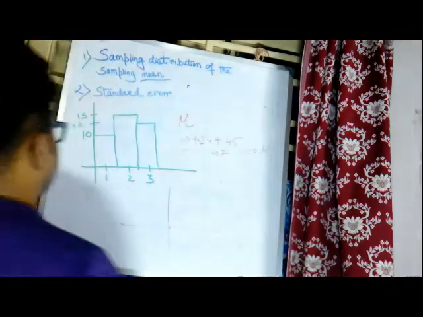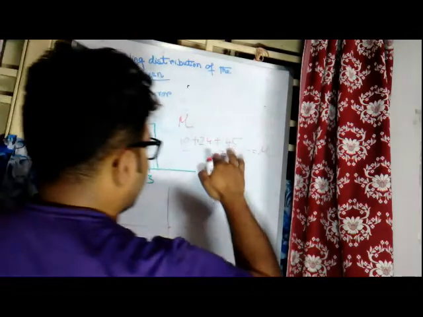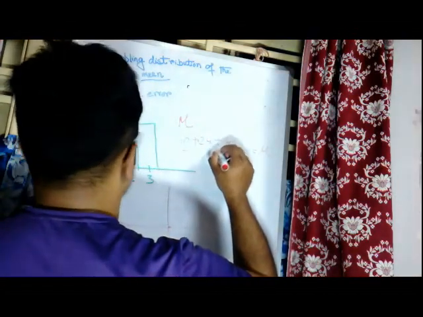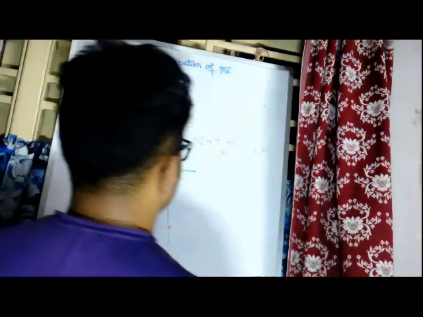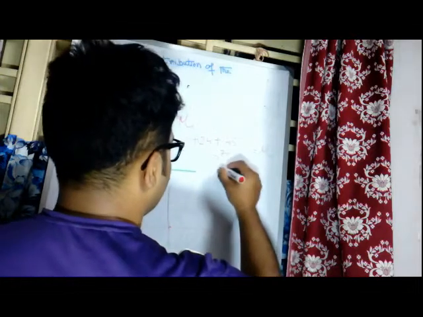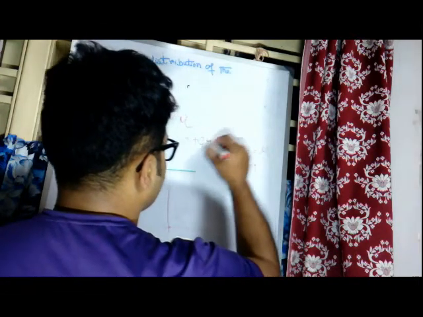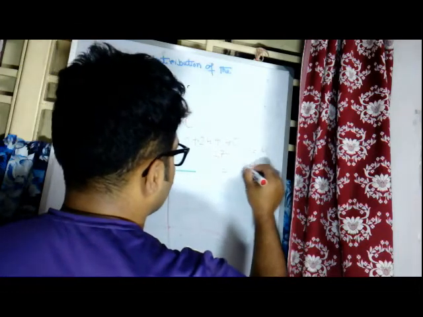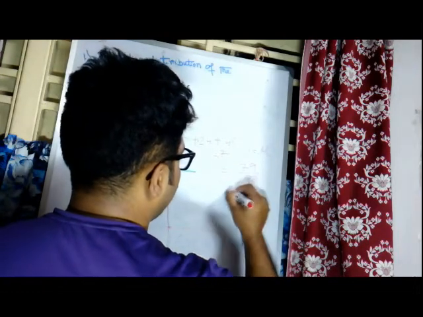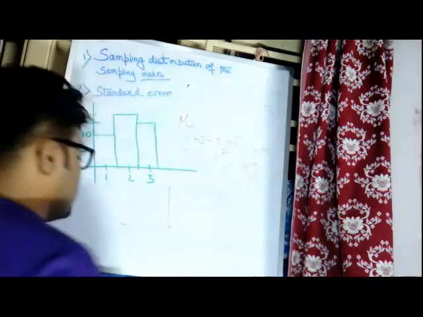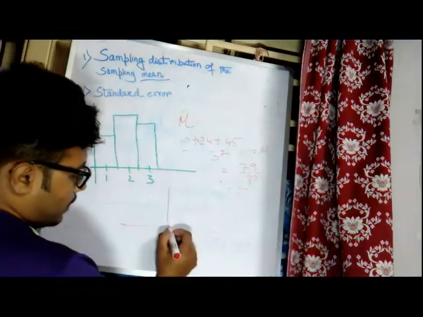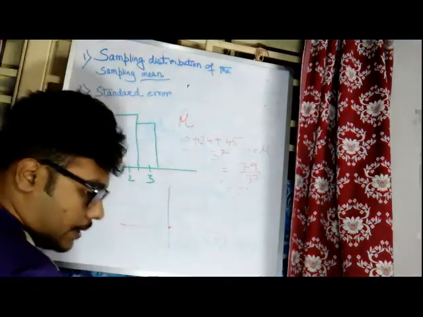This will be the mean. I'm sorry, it will be 37, which will be equal to 9. It will be 2 point something, the mean. Now this mean will be given here.